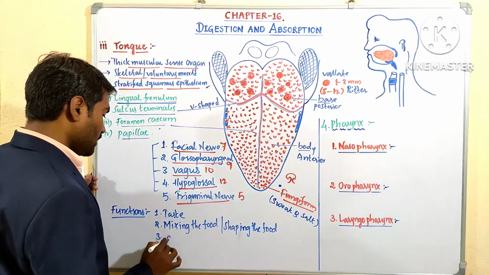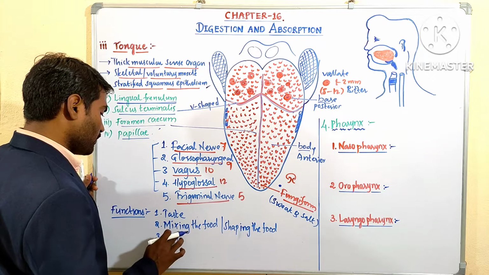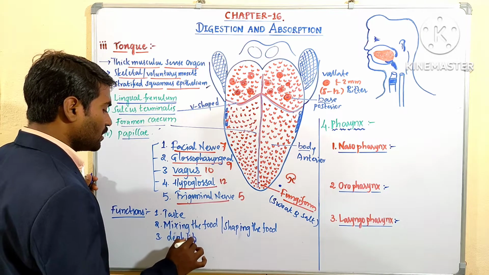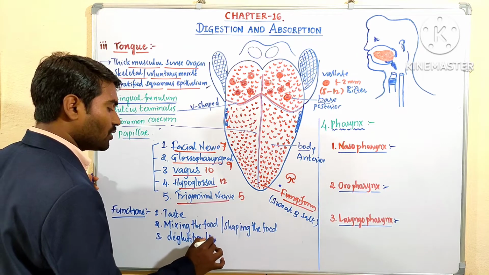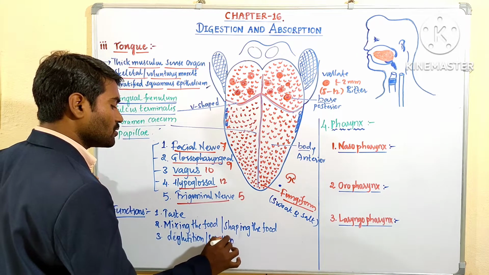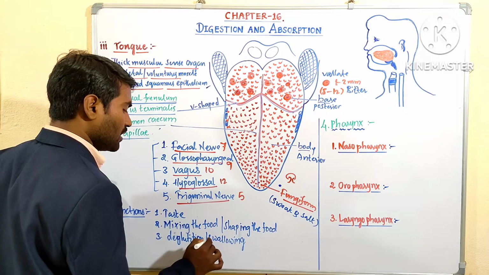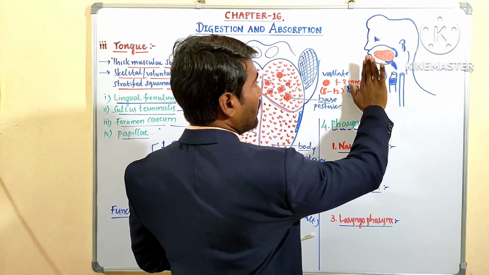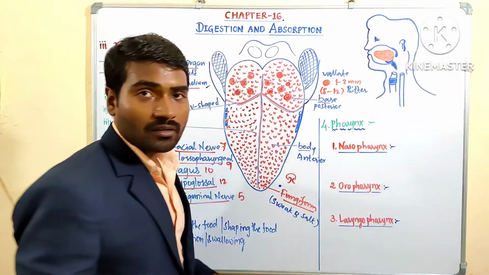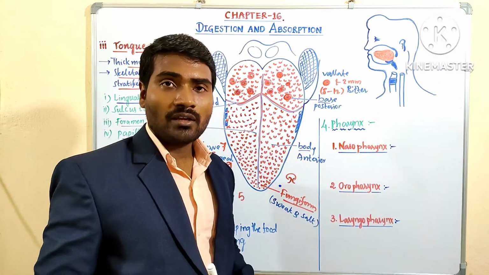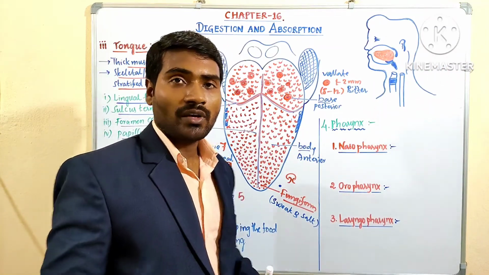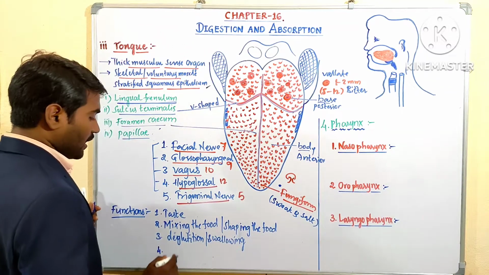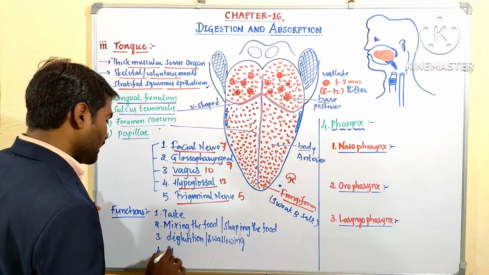It helps in deglutition. Deglutition is nothing but swallowing, because after the formation of the bolus in the buccal cavity, the tongue pushes the food into the next part. So that is called swallowing. And one more point, it helps in speaking.